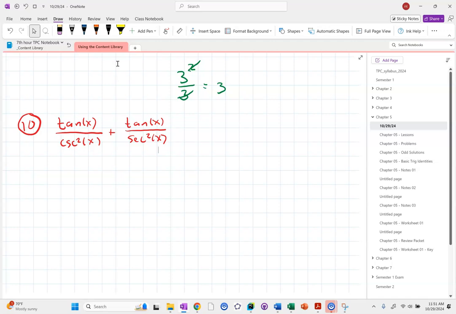Not really, right? That's what I'm looking for if I'm using an identity: I don't want to change something unless it's going to cancel something else out, or I'm at an impasse where I've exhausted all the algebraic things I could possibly do. We just got to start changing some stuff here because this needs to go together somehow.